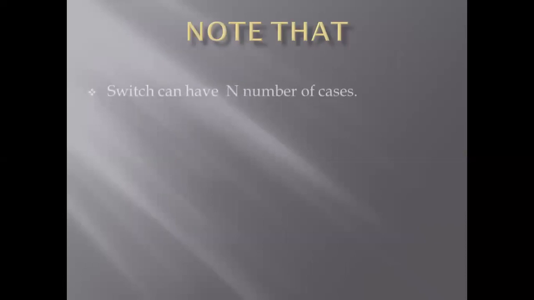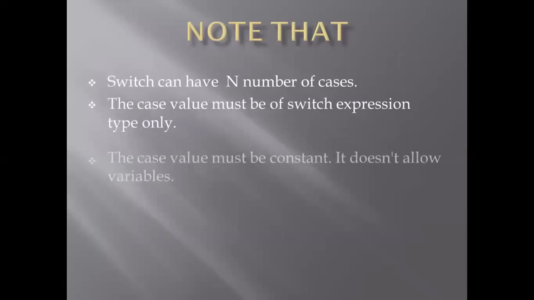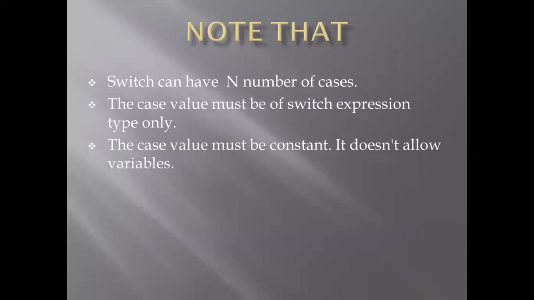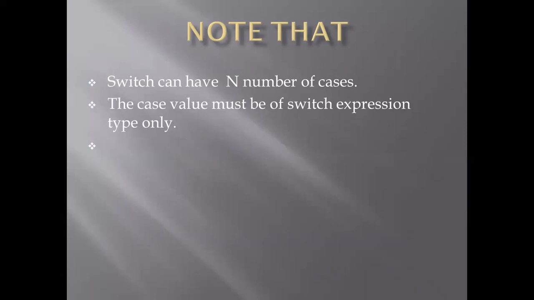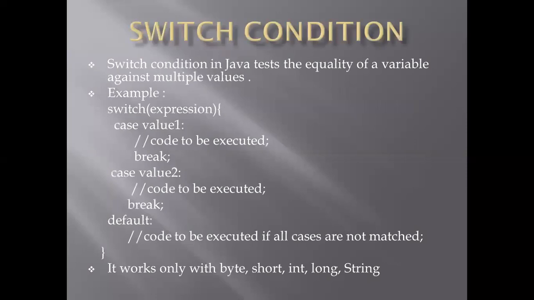I hope it's clear. Also, the case value must be constant. It doesn't allow variables. What does this mean? It means that I cannot replace this value 1 with another variable. Like I cannot say switch x, where x is a variable, opening curly bracket, case y.